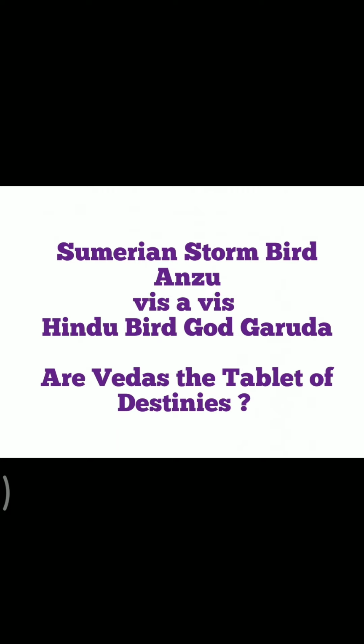The words Abzu and Anzu are also very similar. Zu, which is represented by the prime number 911, is the one who is the real inheritor of the kingdom of heaven.